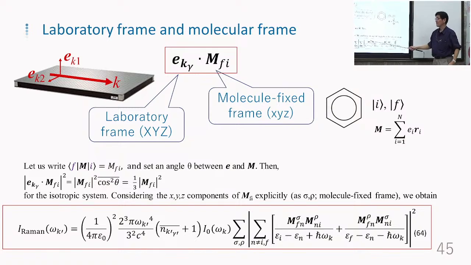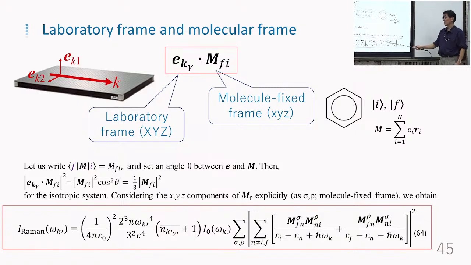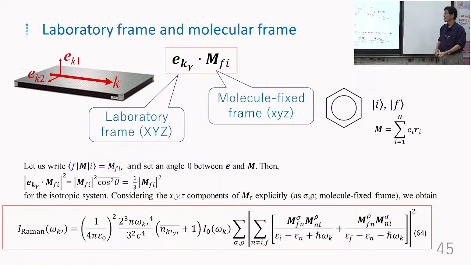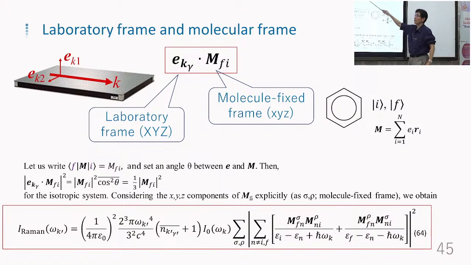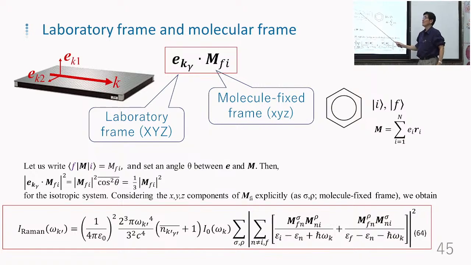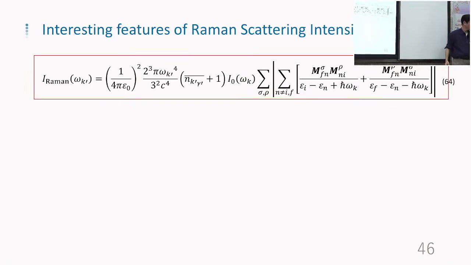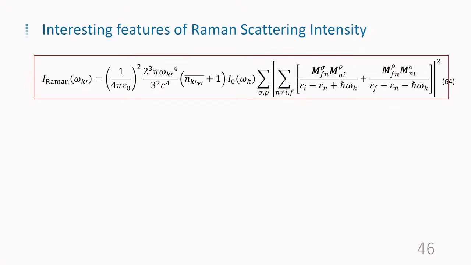M is a vector quantity, so it includes 3 components, x, y, z, in the molecule fixed frame. So sigma and rho indicate x component, y component, z component. So 3 by 3. So this term contains 9 components. But anyway, this page explains how to take account of the difference of the coordinate framework.